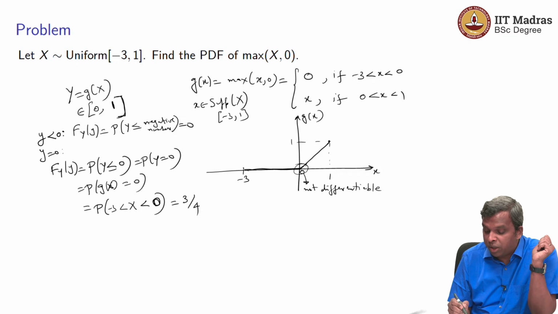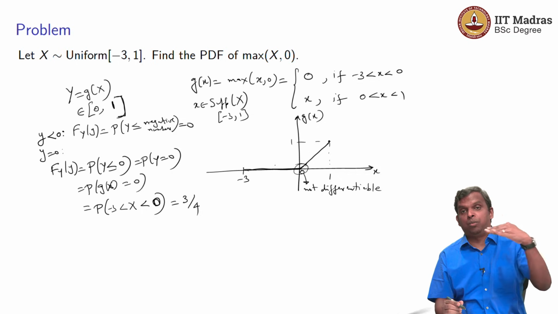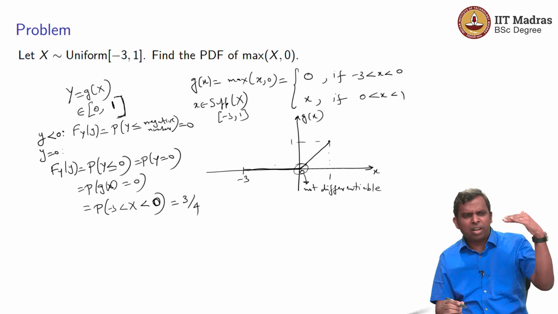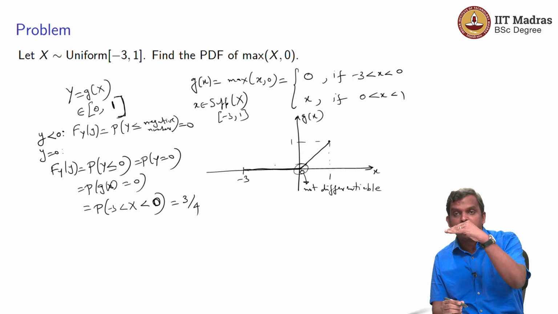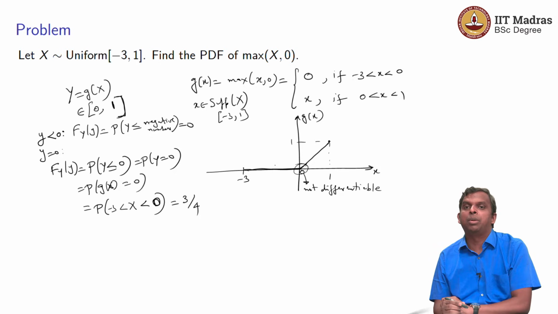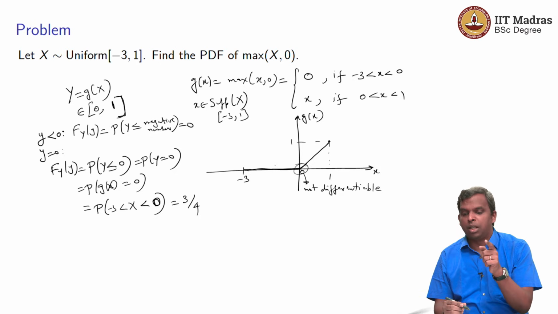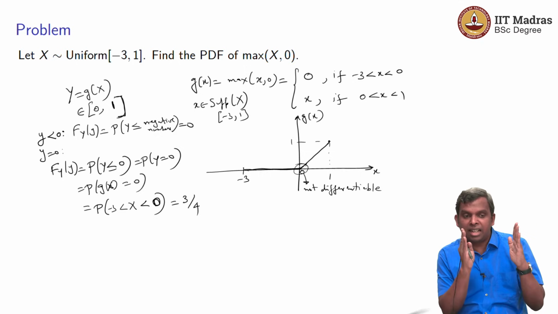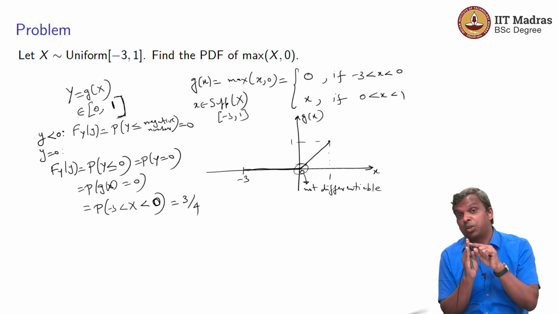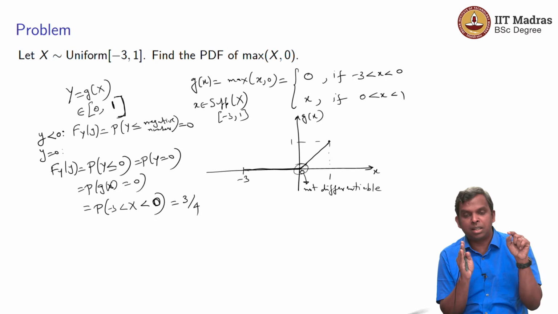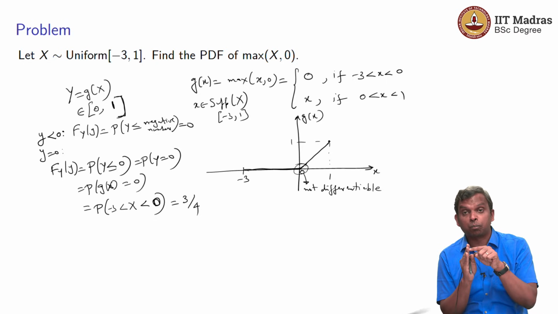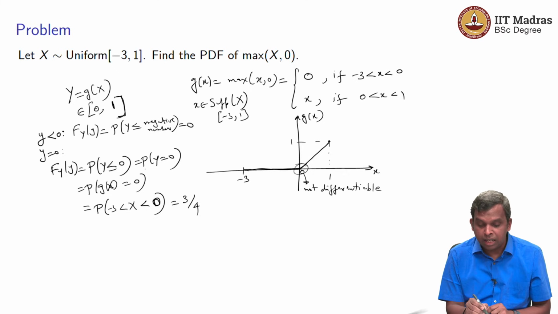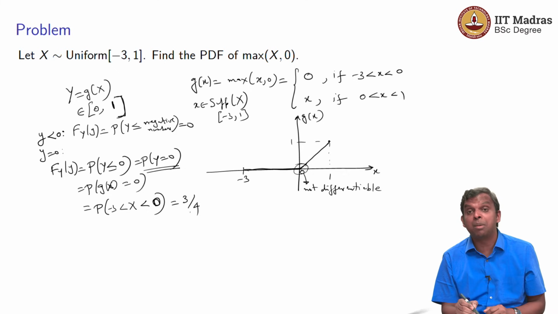So whenever you have a flat part in your function, that value is being taken with a non-zero probability. In this case the function takes the value 0 over the entire set of values from -3 to 0. So whenever x falls in the interval -3 to 0, my y becomes equal to 0. So the probability that y equals 0 is actually 3 by 4.